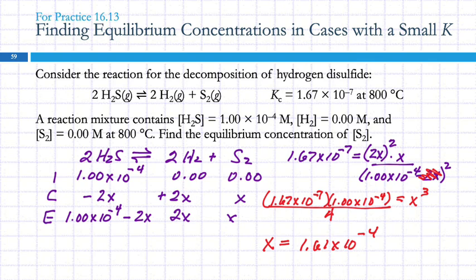So then you're back to your number solver, over 1.00 times 10 to the minus 4 minus 2x is equal to 1.67 times 10 to the minus 7.